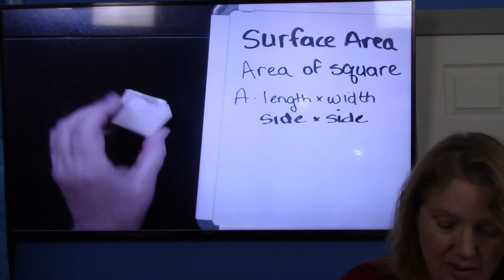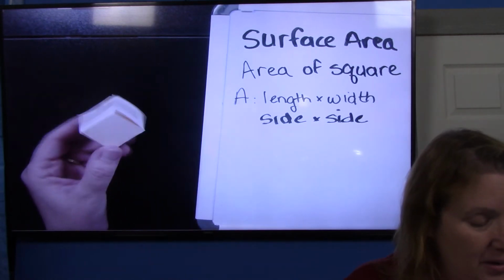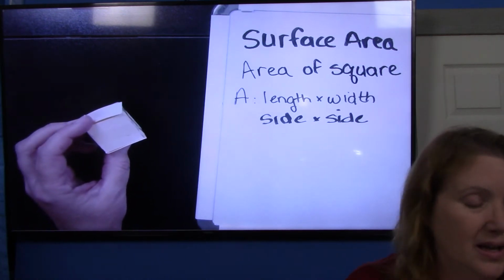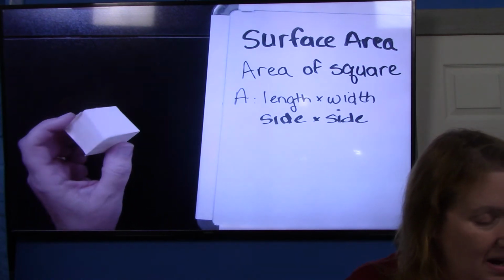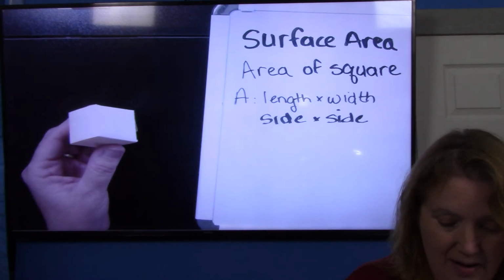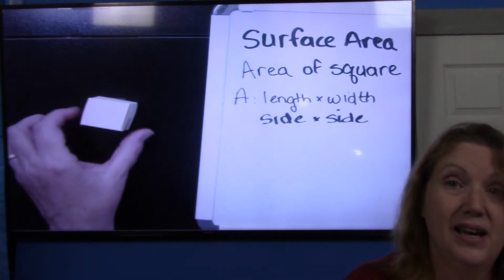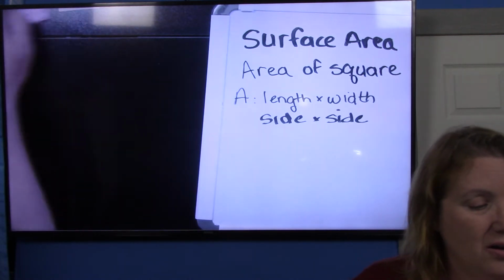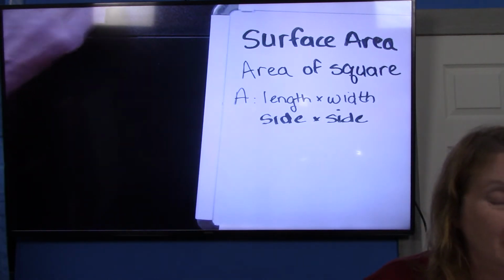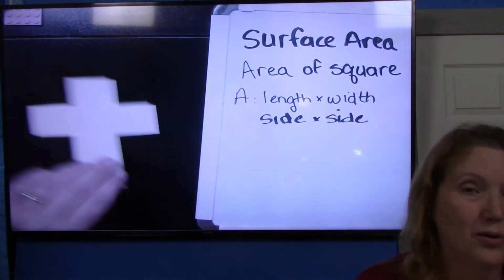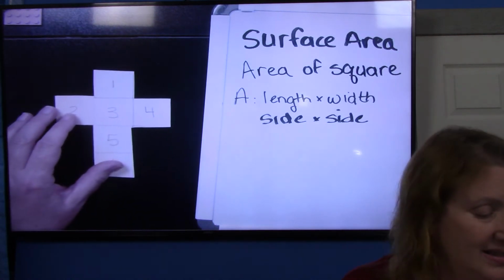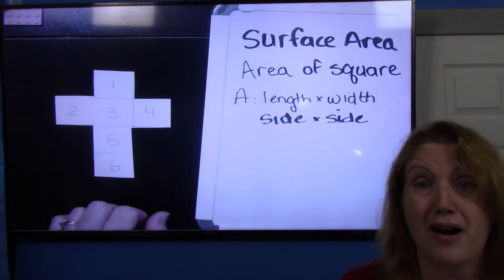Okay, so here we have our cube, and all of our sides on a cube are the same. And it's kind of hard to see how many total sides we have. So if I take this cube apart, I can lay it out in what's called a net and be able to see how many total sides we have. Now, when I lay out my net, this net actually kind of looks like a cross.